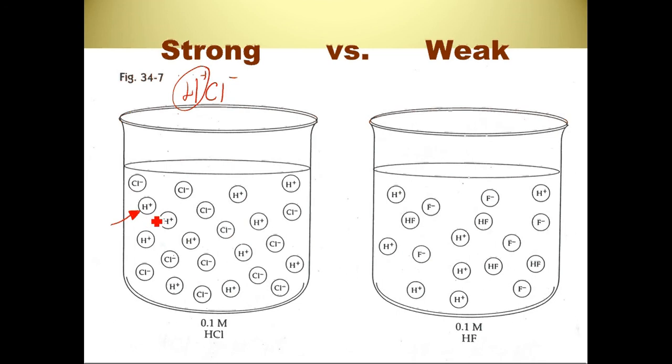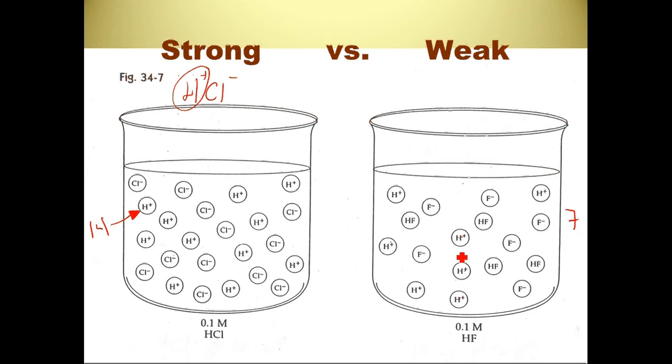So you check this out. If I counted right the first time, there are 14 hydrogen ions concentrated here that are ready to go, ready to corrode whatever you put in there, be it a piece of metal, your finger, whatever. Over here with the weak acid, I've got 1, 2, 3, 4, 5, 6, 7. I only have 7 hydrogen ions over here that are ready to go.